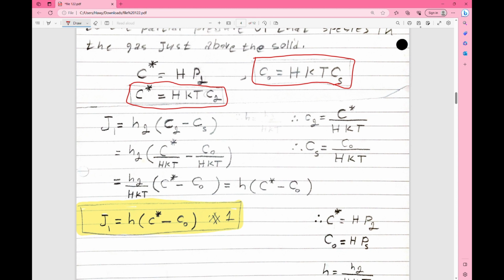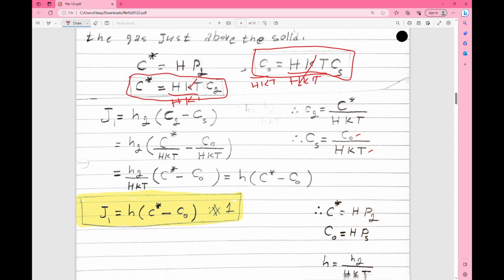We just divide over HkT, this part will be gone, and we will have that Cs will be C naught over HkT. The same for this part, we just divide, this part will be gone and it will be Cj equals C star over HkT.